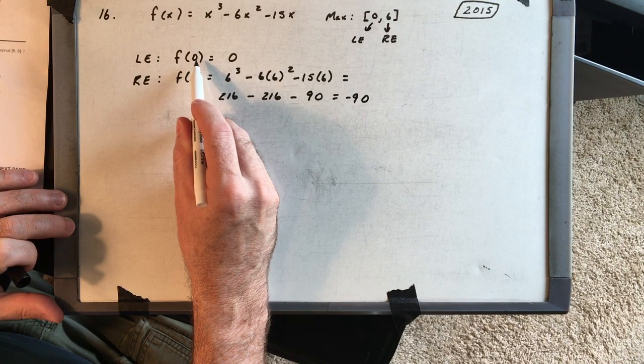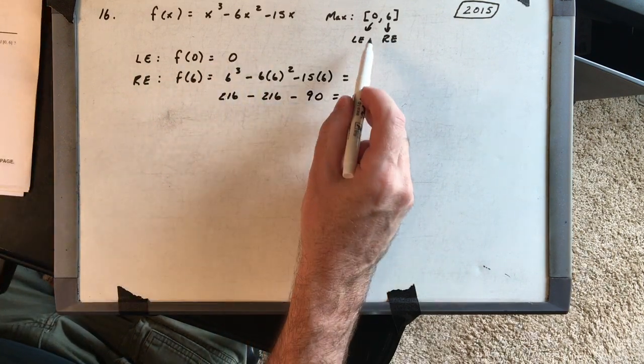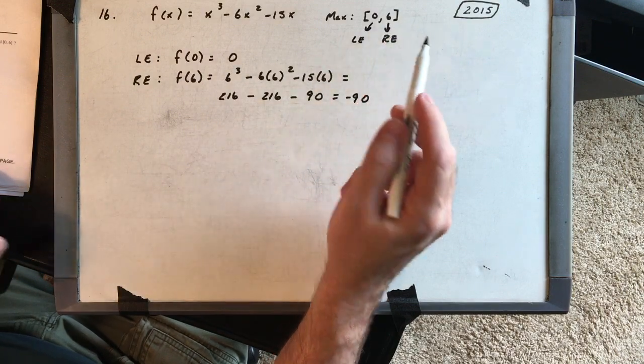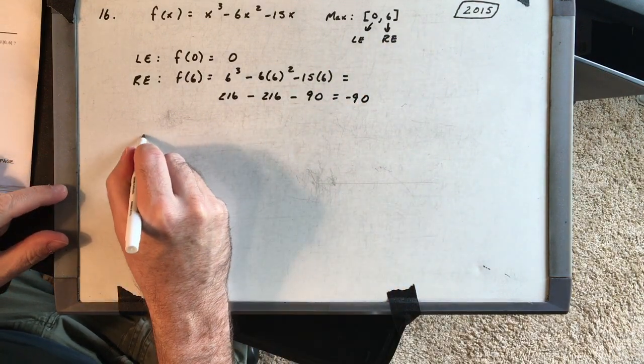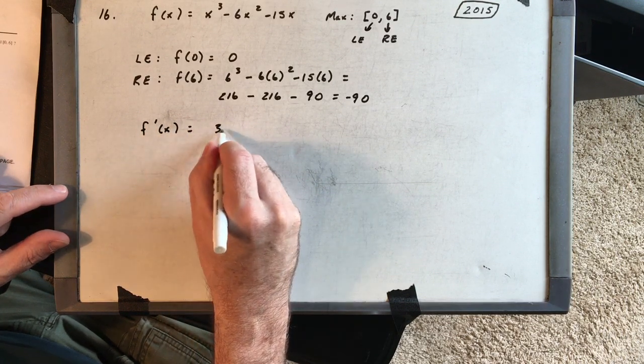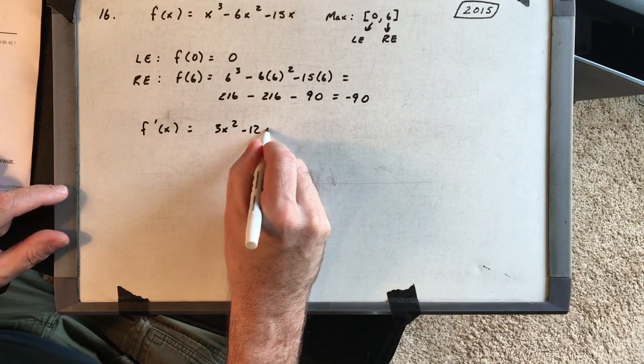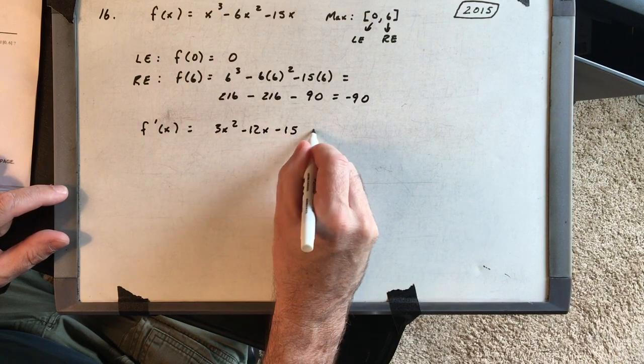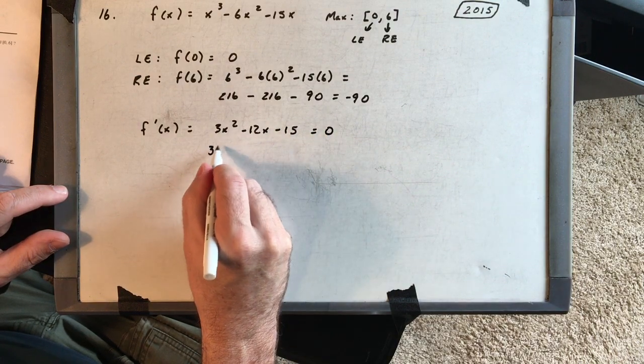Let's find the critical point in between 0 and 6, if there is one, and check that out. To get a critical point, we take the derivative. F prime of x is 3x squared minus 12x minus 15. We need to set that equal to 0. Let's factor out a 3.